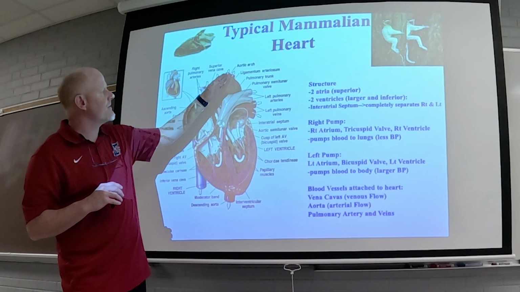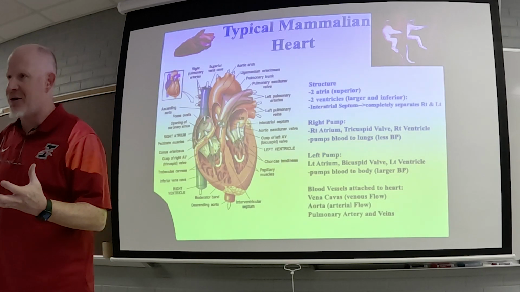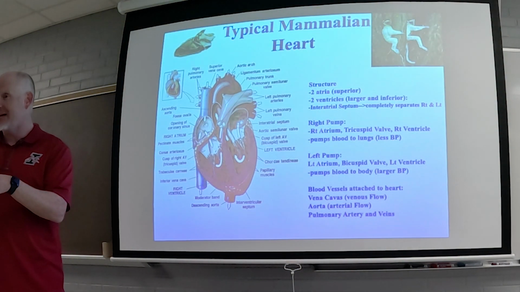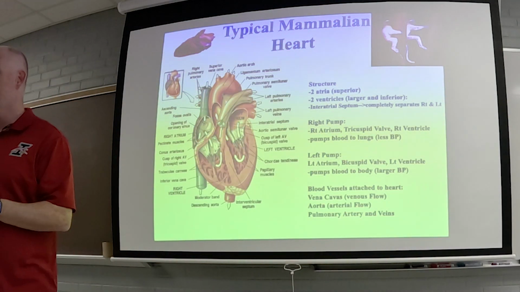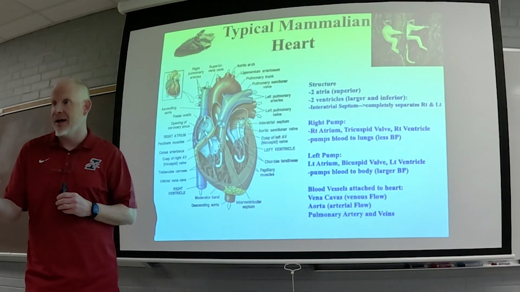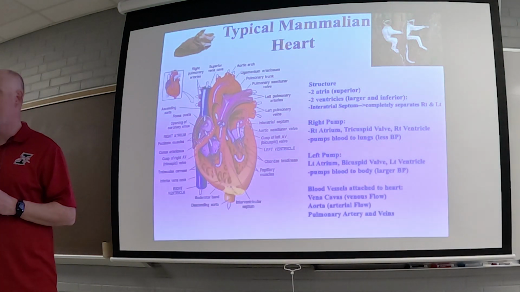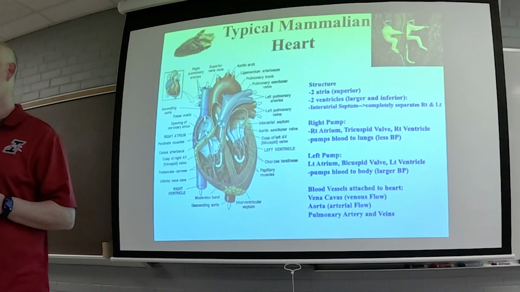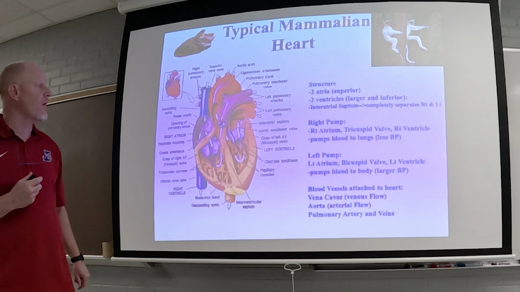And as blood leaves the aorta, it will then be delivered to all of the major systemic arteries, which branch into smaller and smaller arteries, delivering blood to capillary beds everywhere in the body. We call that systemic circulation. That oxygenated blood will then drop off oxygen and collect carbon dioxide from cells in the tissues of the body, and then veins will recollect it and re-deliver it back to the right side of the heart.